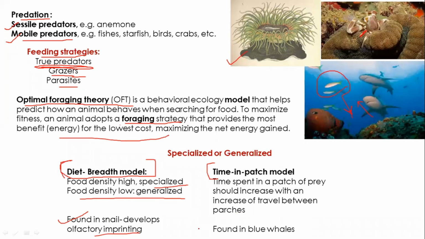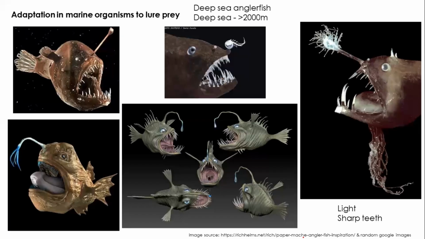And the time in patch model is a good example of how blue whales function in the open ocean: the time spent in one patch is directly linked with how much time they traveled to find that patch and how much time it will take to find another patch. So depending on that, they will spend time in one particular food patch, right? These are some of the basics of predation.